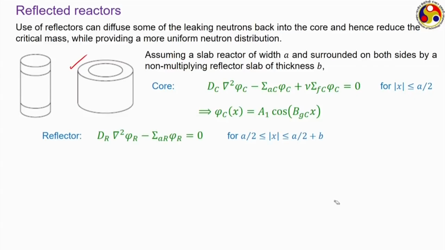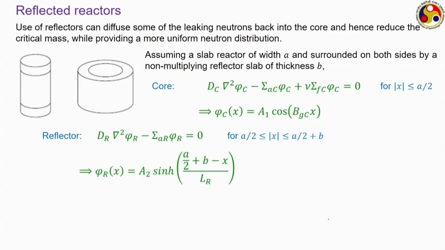Now, for the reflector, that is from a by 2 to a by 2 plus b, this is the corresponding conservation equation. Here phi r is the neutron flux inside the reflector. There is no multiplication or fission going on, so we do not have a third term, but we definitely have the other two terms, that is the diffusion of neutrons inside the reflector and also the absorption of neutrons.